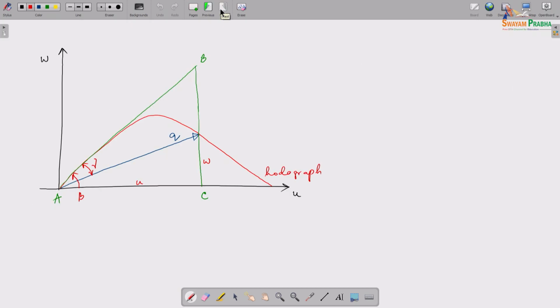I am trying to represent that graphically here.